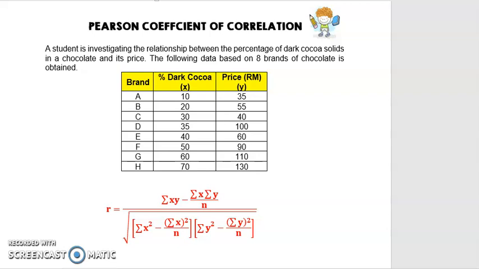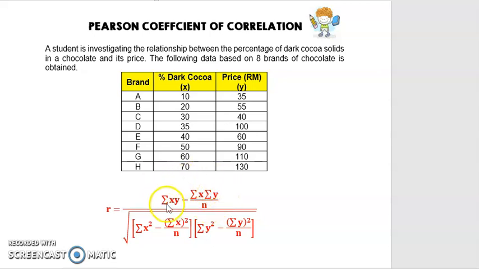Okay, now let's look at the formula for the Pearson coefficient of correlation. We use the symbol R here, which denotes sample correlation. R equals the summation of xy minus the summation of x multiplied by the summation of y, divided by n.